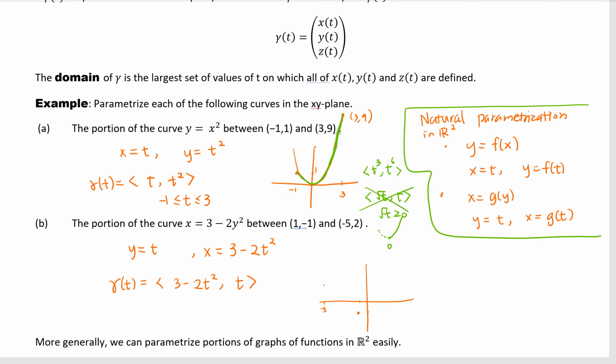When y is 0, it passes through 3, so we know it looks like this. That's why my t is my y value, it goes from minus 1 to 2. So t is between minus 1 and 2.